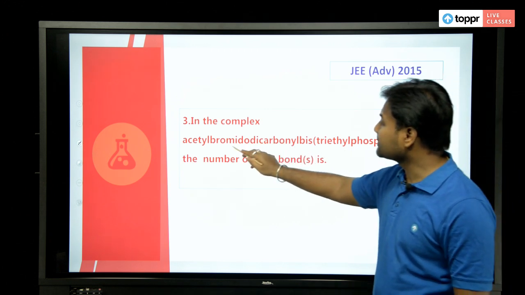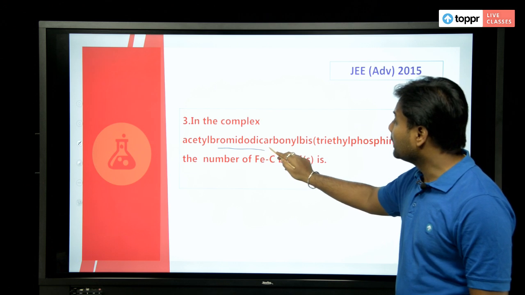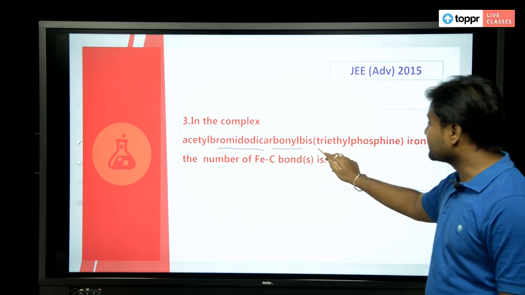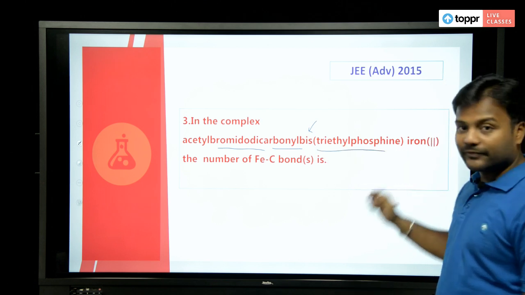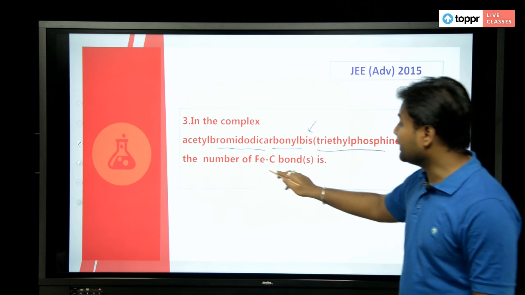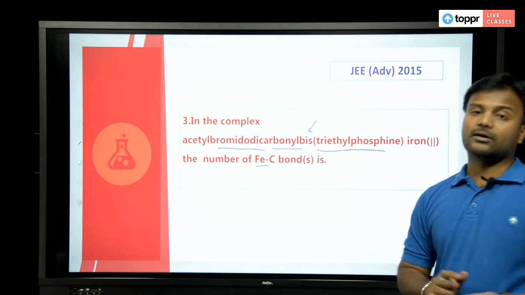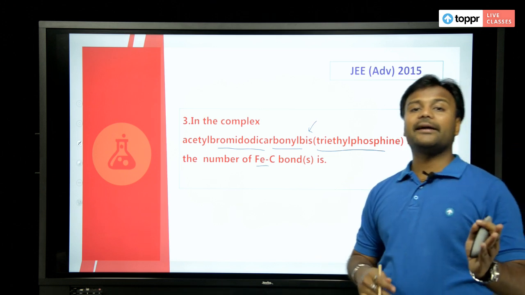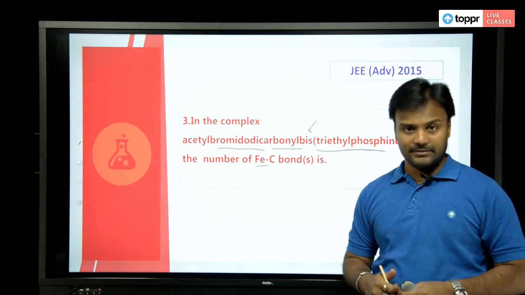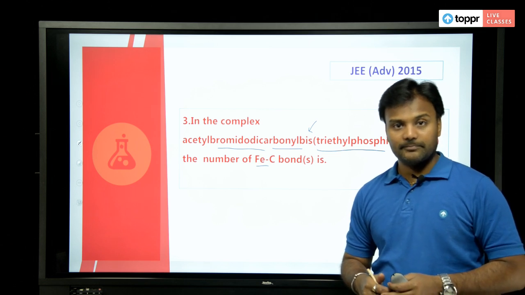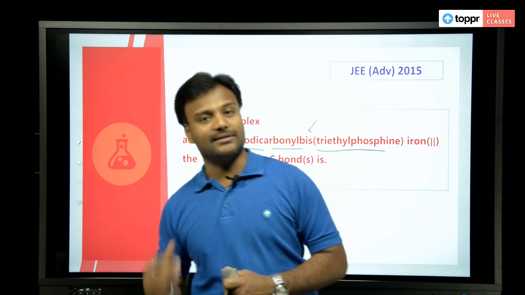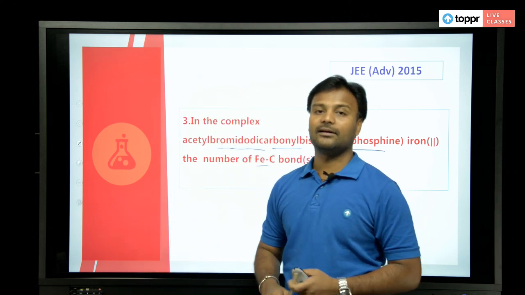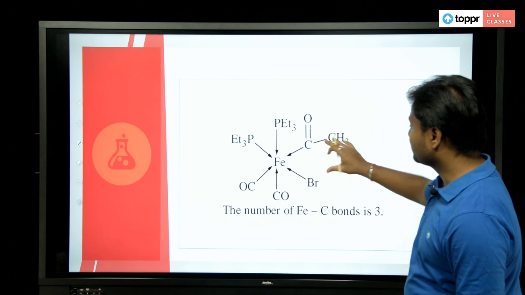In the complex acetyl bromido dicarbonyl bis, remember this, bis triethyl phosphine iron 3, how many number of iron carbon bonds are present. So, IUPAC nomenclature of the coordination compounds is necessary in order to solve this question. How do you go with this? This is the structure.